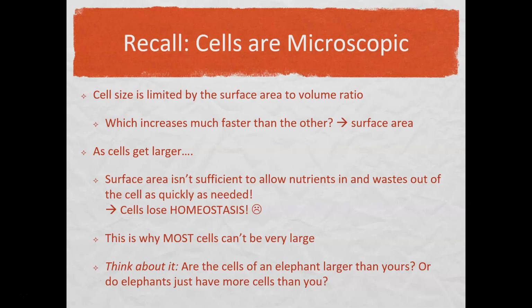So as that cell gets larger, the surface area isn't sufficient enough. It's like stretching out a water balloon. I'm trying to stuff too much volume in not as much surface area. Eventually, that water balloon loses its homeostasis and pops. In the case of your cells, it's going to lose its homeostasis and die. This is why your cells can't be so big.